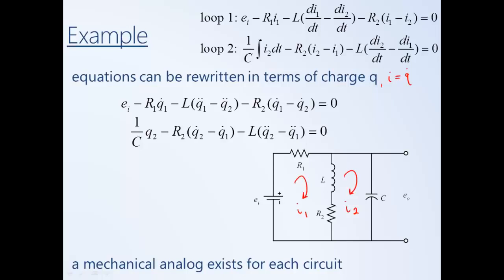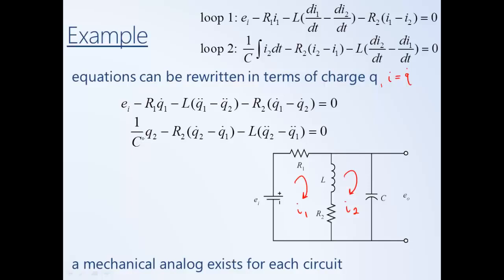So for example, resistors dissipate energy like a damper. So resistance is equivalent to a damping coefficient, B. Inductors behave like inertias. So inductance is equivalent to mass, or rotational inertia.